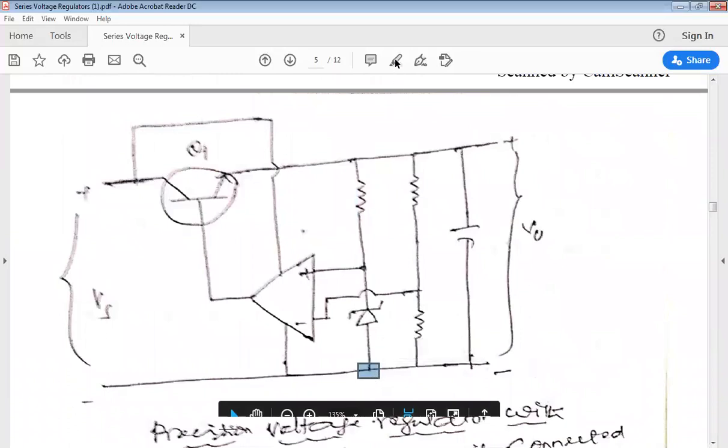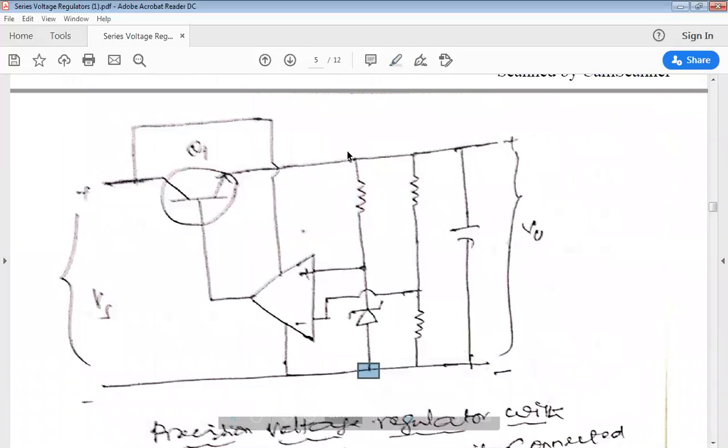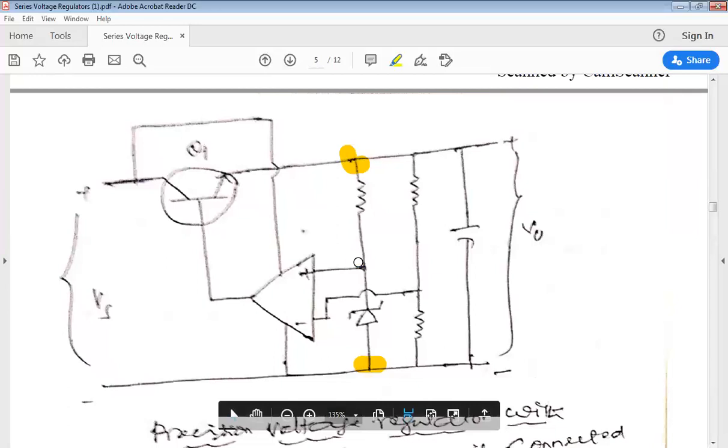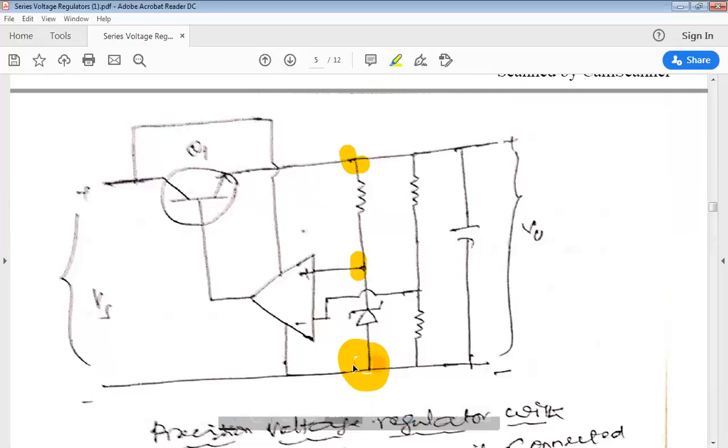The voltage is V naught, and from this point to this point is around Vz, and I want to calculate the voltage across R1.